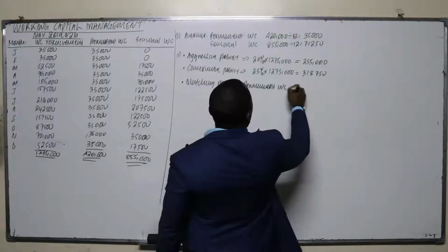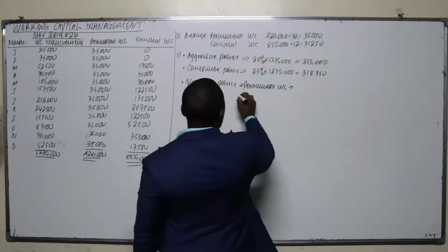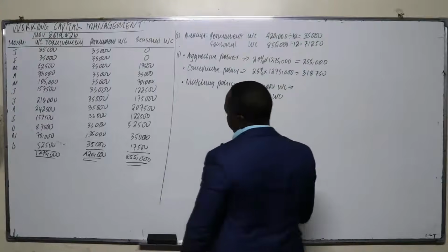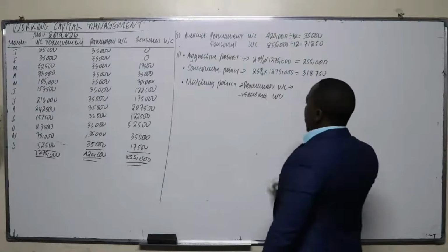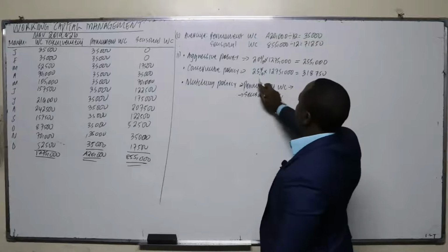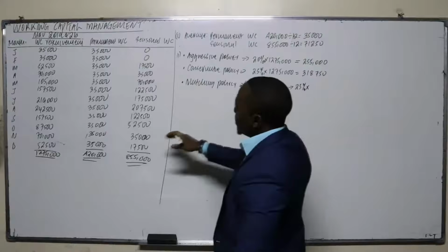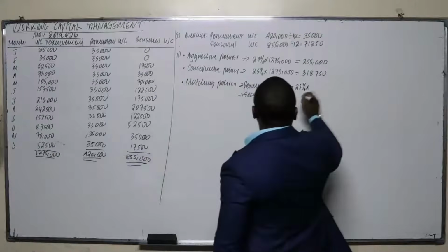And then for matching, the permanent working capital will be financed using the long-term source of finance, and the seasonal working capital will be financed using the short-term source of finance. So for permanent, you use the long-term source, which is 25% of the permanent working capital, which is 420.